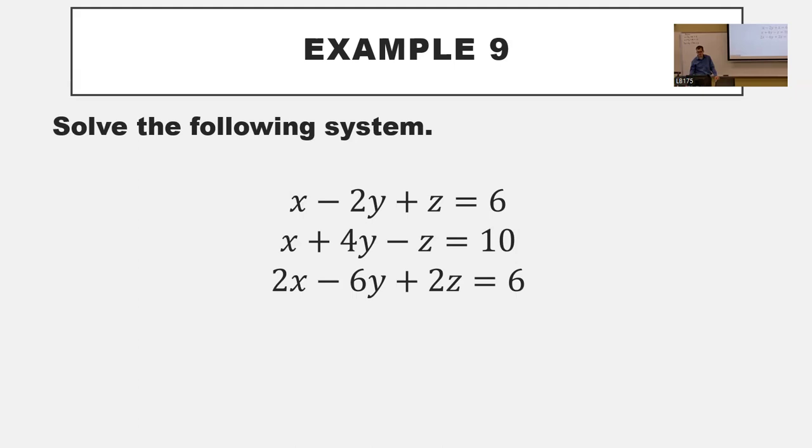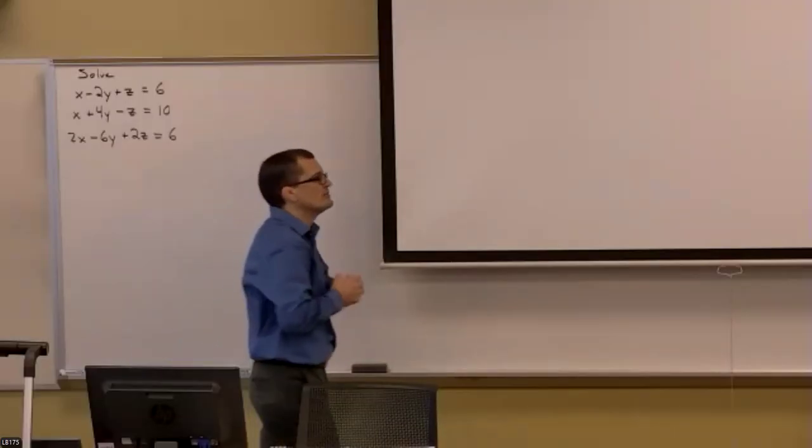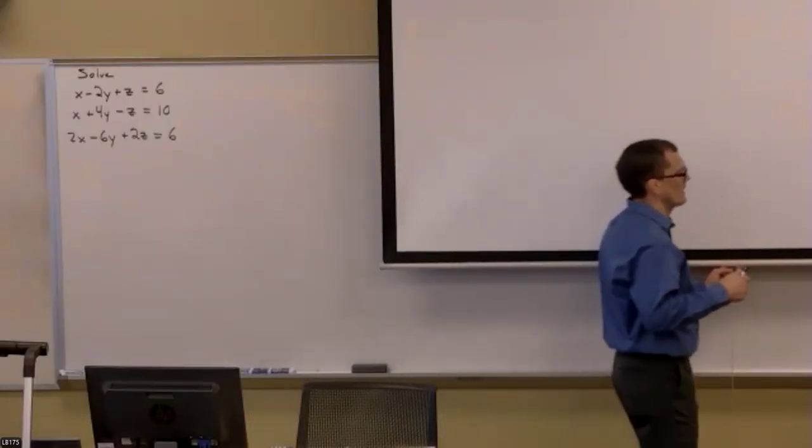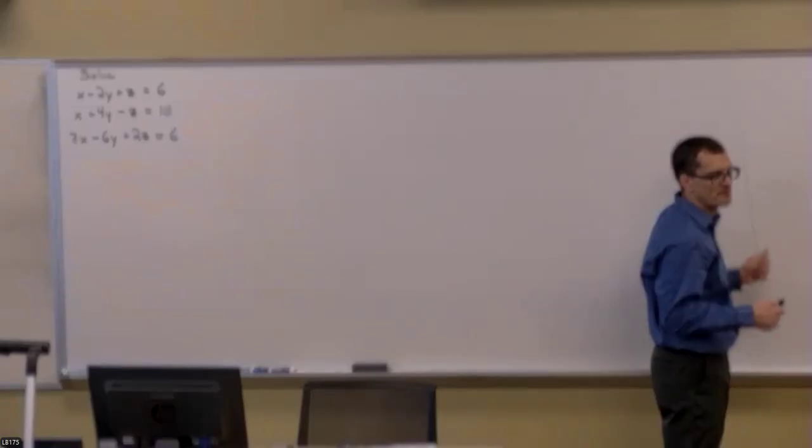So I have to first decide which variable I want to eliminate. And when I do that, then I'm going to pick two pairs of equations to use. So I'll do what I'll call the natural thing.